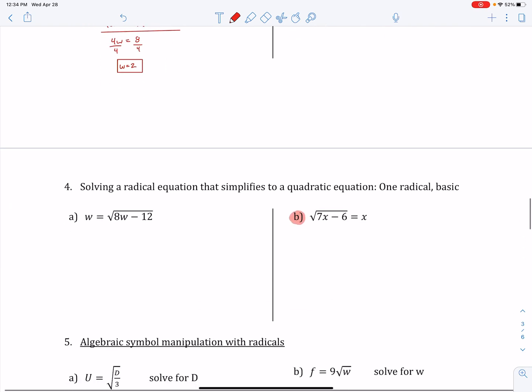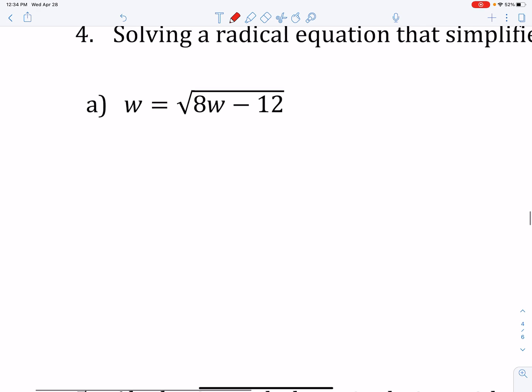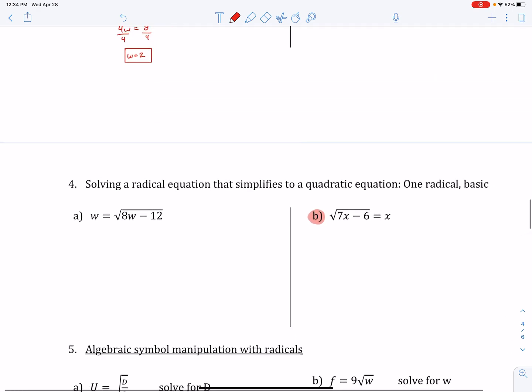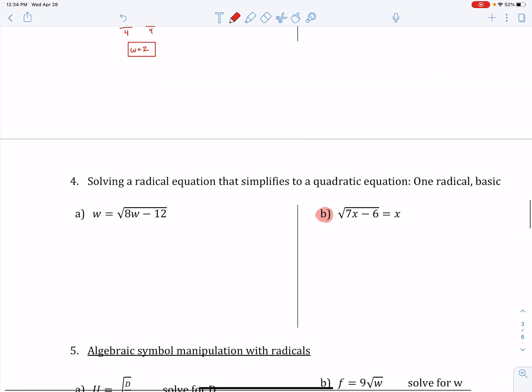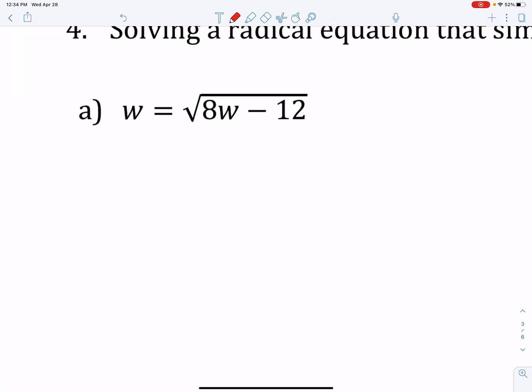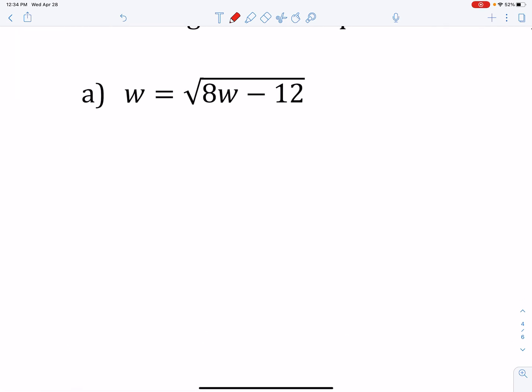Number 4 here, a little bit different, not too much different. We're kind of expanding on things. This is why we're adding in a quadratic equation into the mix here. Now we're going to start off here by squaring both sides because I want to get rid of the square root sign or the radical. That leaves me with w squared equals 8w minus 12.